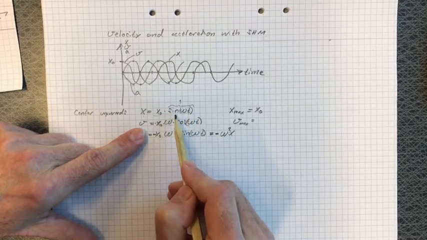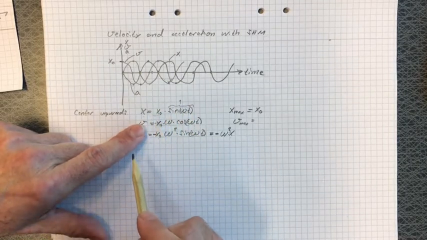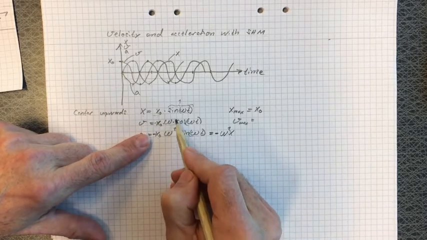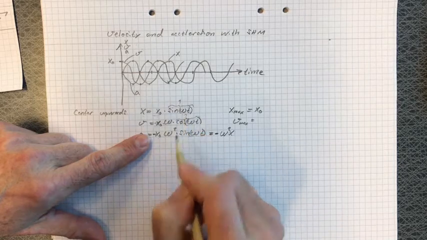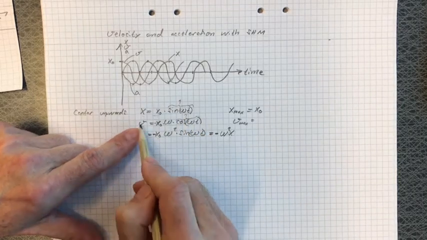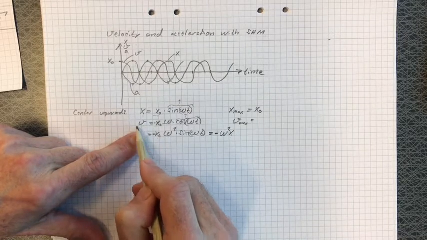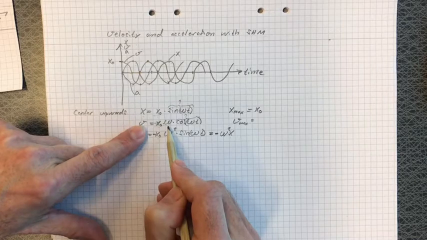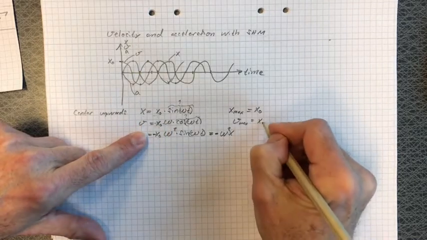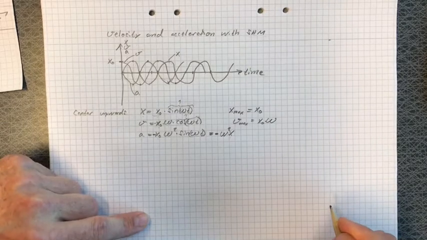When it's 1, we have the highest value for this. That is x0. And it's the same thing for the cos function. The highest value for it is 1. So the highest value for velocity, v max, is x0 times the angular frequency, x0 times omega, like this.